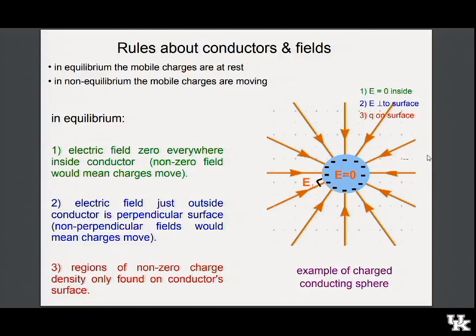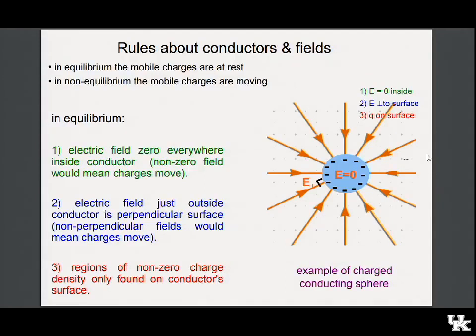And so it's that latter case, a conductor in equilibrium, when charge carriers aren't moving around in the conductor, that I want to discuss the electrical fields. There are 3 rules, I've listed them here, about an electrical conductor in an electrical field.